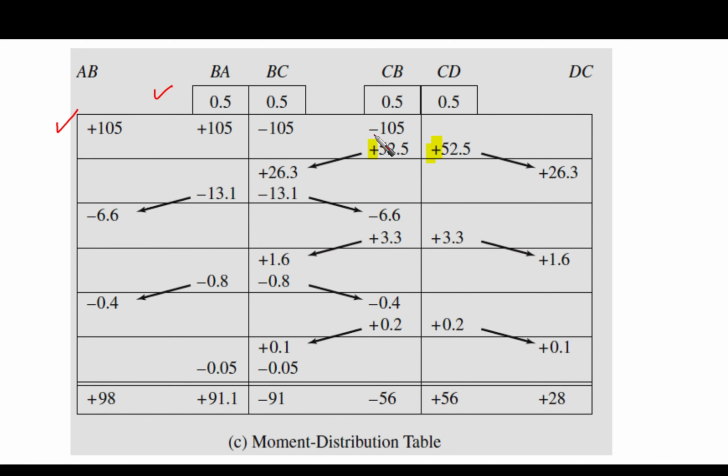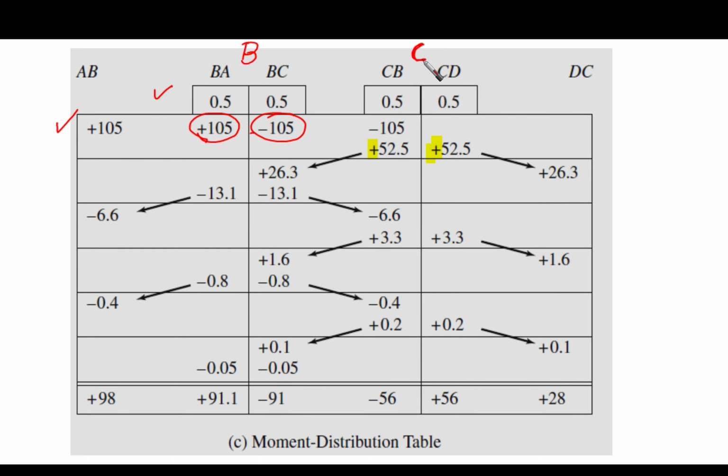At point B and point C, we are going to balance the two joints together in the same step, in the same cycle. When we look at point B, we will find that fortunately we have plus 105 and minus 105. Then they are balanced, so we are not going to make any balancing here.